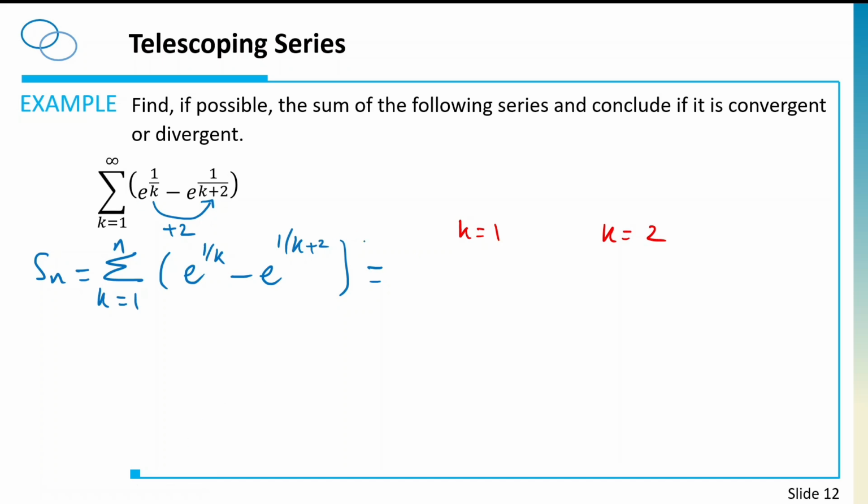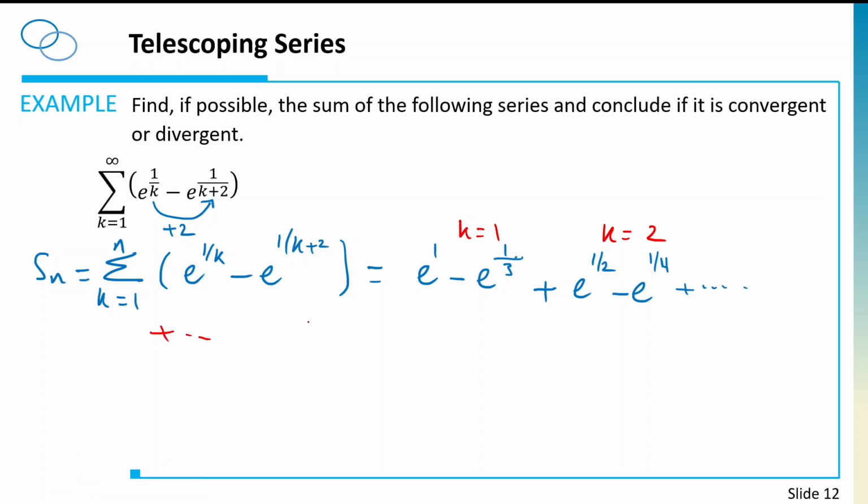Replace k with 1: this is e to the power of 1 over 1, which is e to the power of 1, minus e to the power of 1 over 3. This is the first term. Moving to the second one, k equals 2: e to the power of half minus e to the power of 1 over 4, since you always add 2. Now I need the last two terms as well.